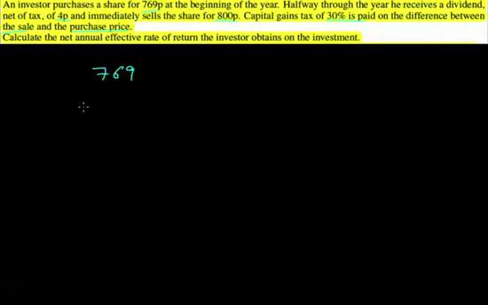He's going to be paying 30% tax, so 800 minus the amount that he started with is his profit right there. But now he's going to have to pay some tax, so he'll only get to keep 70% of that.